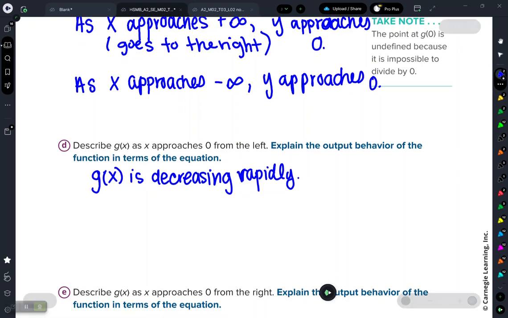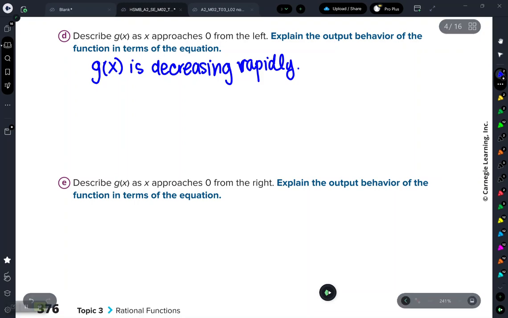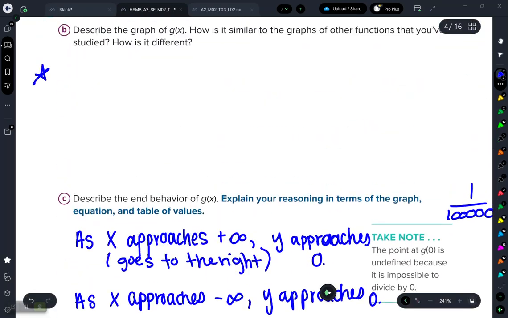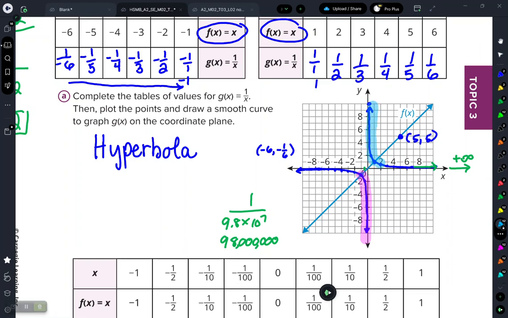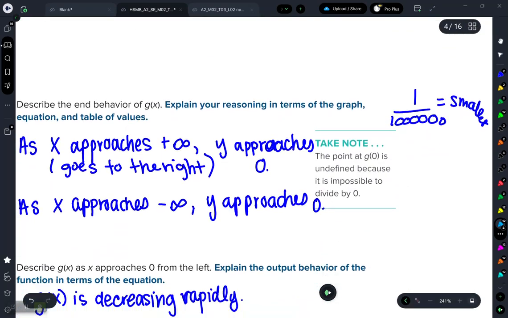And then what happens to g of x as x approaches 0 from the right? So from the other side, it's increasing dramatically.